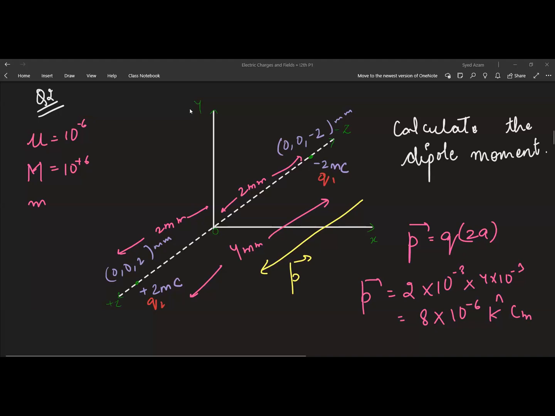Yes, Shaima. If it is negative z-axis, then it will be minus k cap. Done?